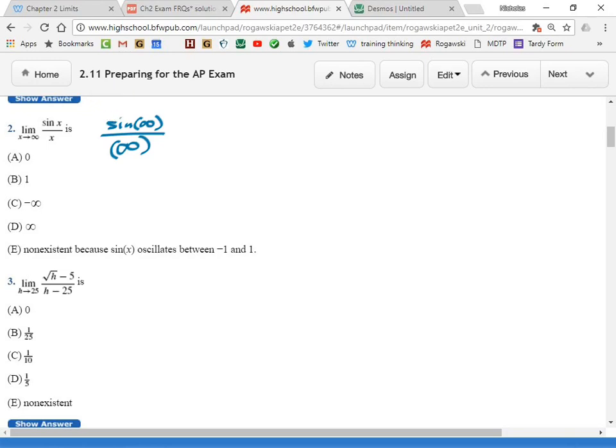If you're looking at the sine function and you're going to infinity on the x-axis, what is this telling you? What's it doing? Just going up and down, up and down, up and down. Okay, that is a does not exist limit, because it just keeps oscillating up and down.